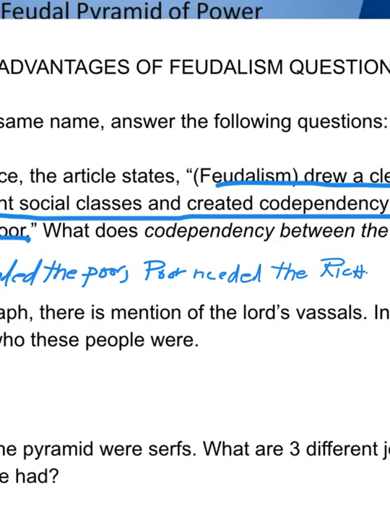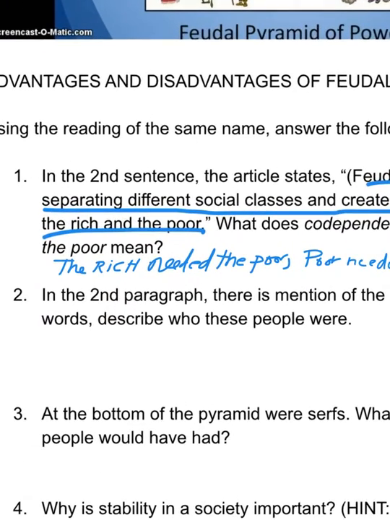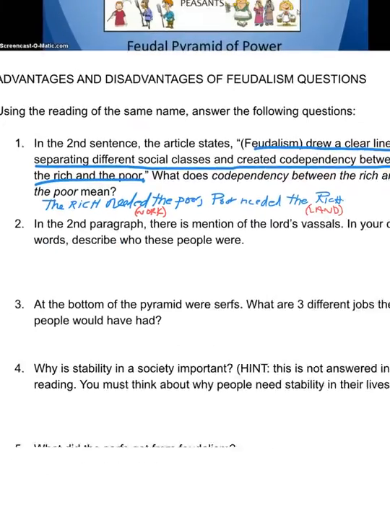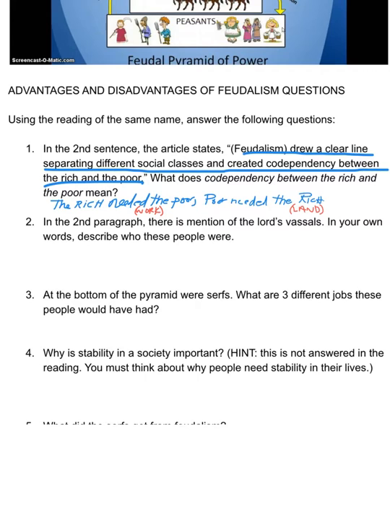And what did they need? The rich had the land, put that in parentheses, and the poor had the work. The poor did the work, and the rich had the land.